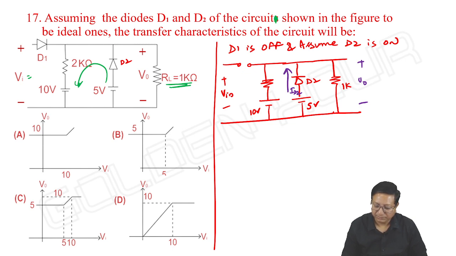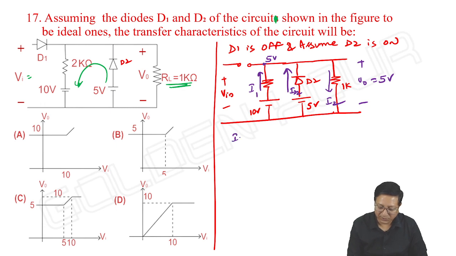So if D2 is on, what about the output? It is 5 volts. It is a short circuit now. Output is 5 volts. Then, as it is 5 volts, there might be some current flowing like this. Let me take this current as I1. I1 and ID2 are coming like this, and this current is I2.